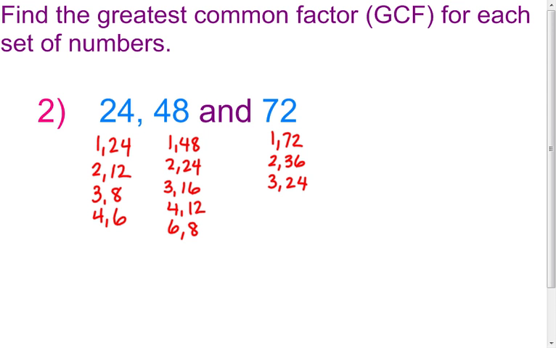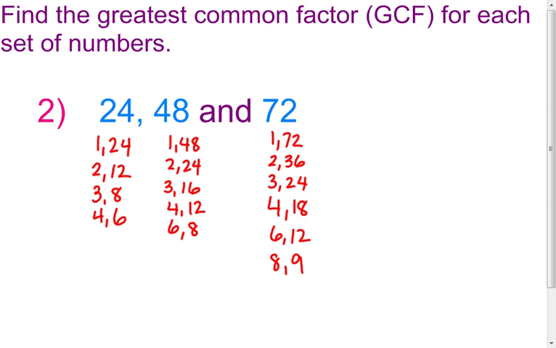Okay, 4 and 18 goes in there. 5 does not go, 72 is not divisible by 5. 6 and 12, and then 8 and 9.